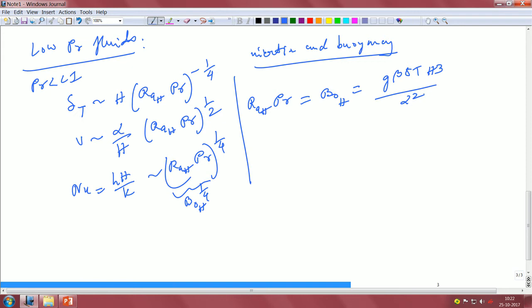So, for high Prandtl number fluid, it is the Rayleigh number which is important. For the low Prandtl number fluid, it is the Rayleigh number and Prandtl number combination that is important, which we have cast and written as Boussinesq's number.